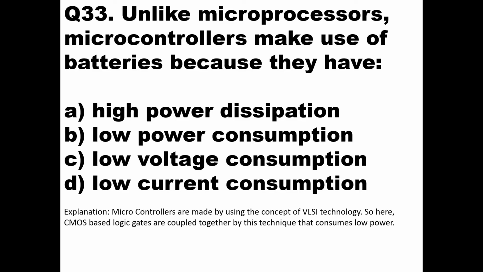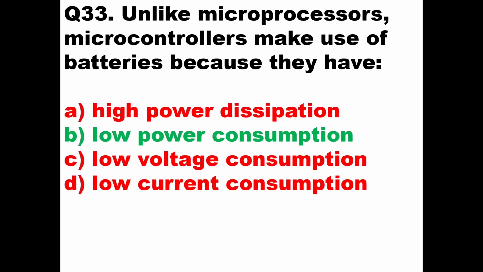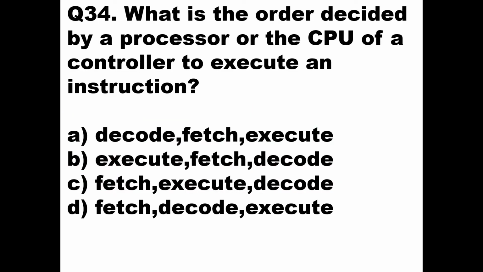So here we are going to use CMOS based logic gates more, and CMOS is a technology which consumes low power. Okay, so here the answer will be low power consumption. Microcontrollers make use of batteries as compared to microprocessors because they have low power consumption. So option B is the right answer over here. Then we'll go to the next question, question number 34.